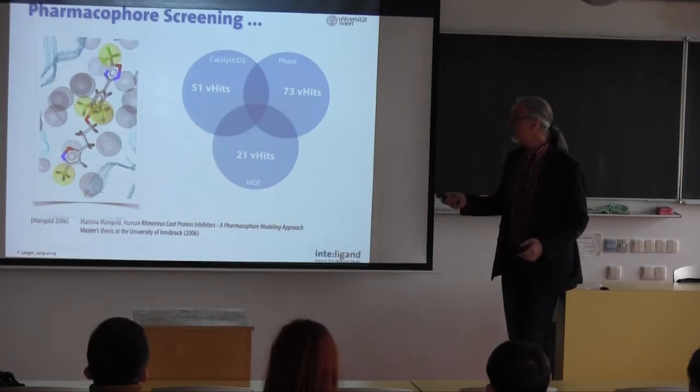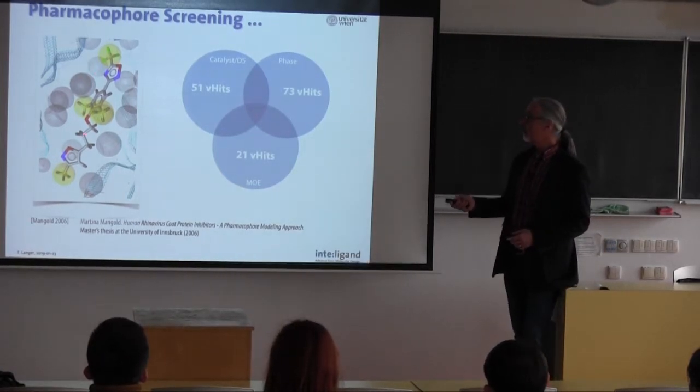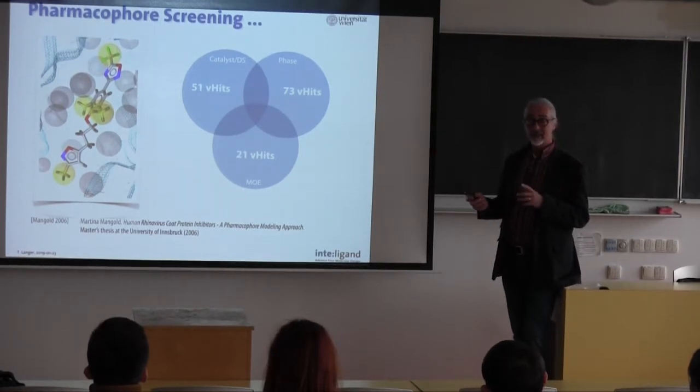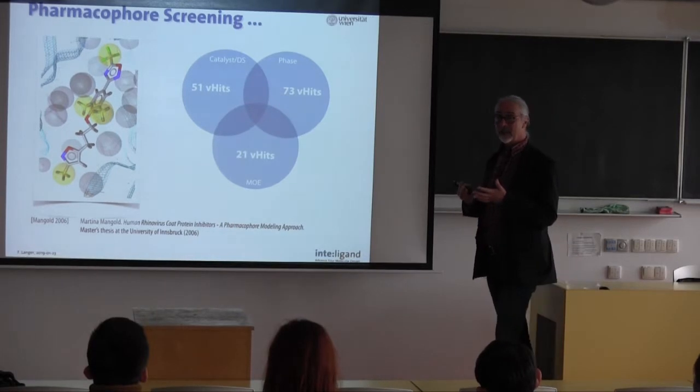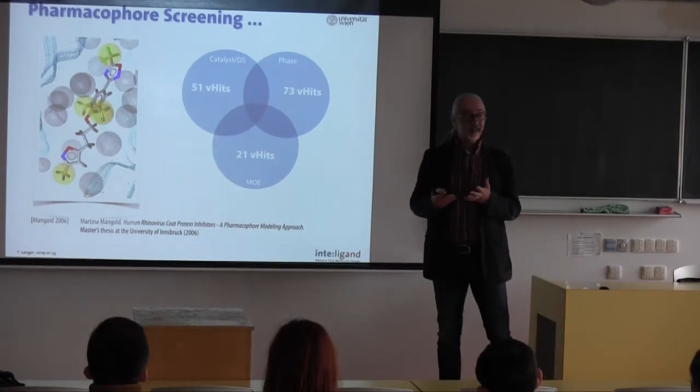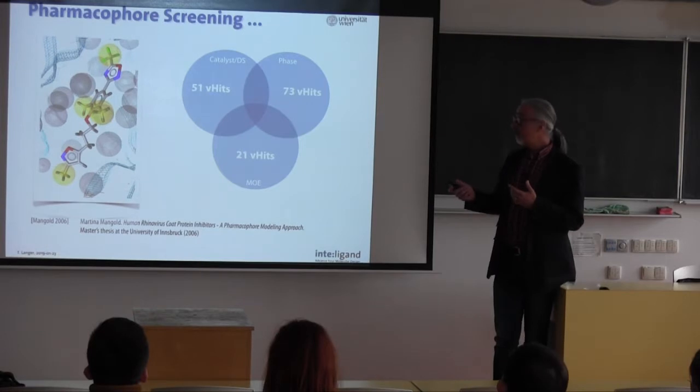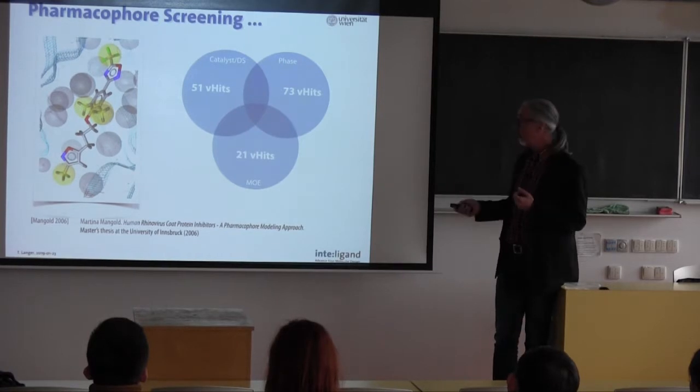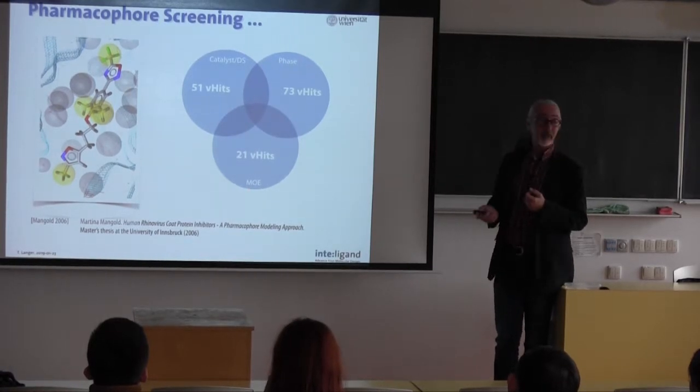When we look at the structure-based model, with the same coordinates of the features, and we also use the same database, same conformations for screening in different platforms, in the Catalyst Discovery Studio platform at that time, in the Phase Schrödinger platform, and in the CCG MOE platform.